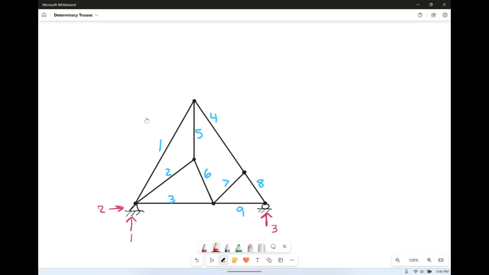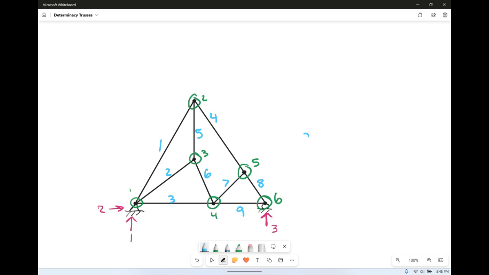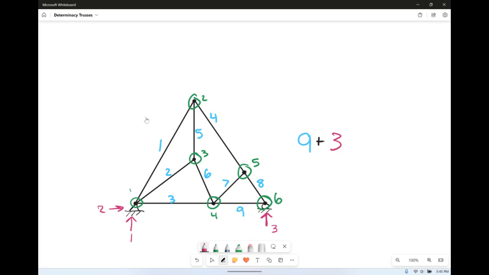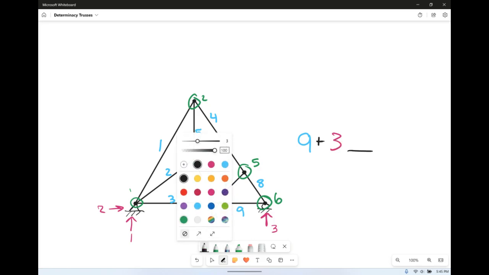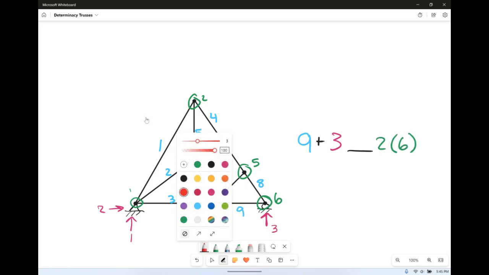And how many joints do we have? 1, 2, 3, 4, 5, 6. So again, we have 9 plus we've got 3, and that's 12, and how does that equal up to 2 times 6? Wow, it's still equals.